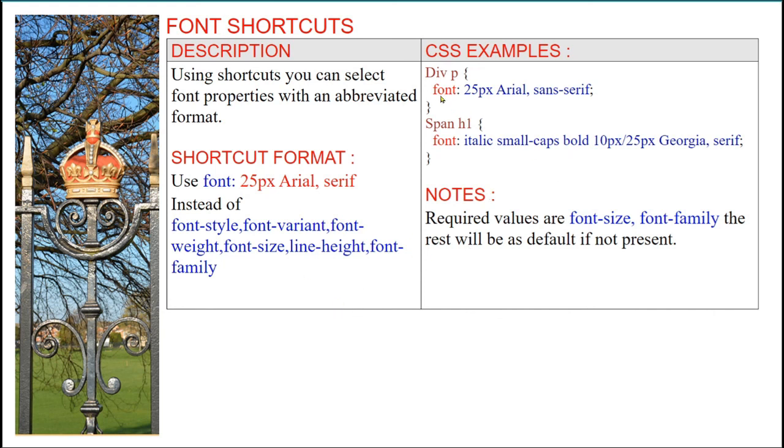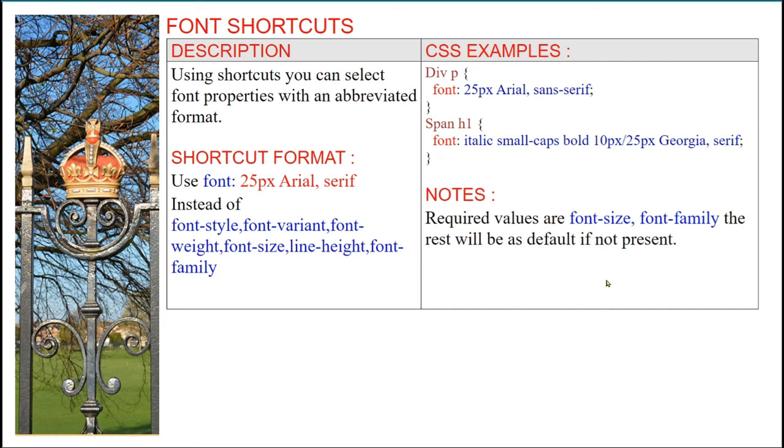Okay, looking at the CSS again, we've got the property font, with 25px Arial, sans-serif. In this one we've got font, we give it a style of italic, a text capitalization of small caps, a weight of bold, a size of 25 pixels, and Georgia or serif fonts.